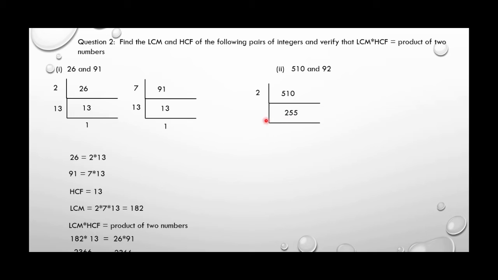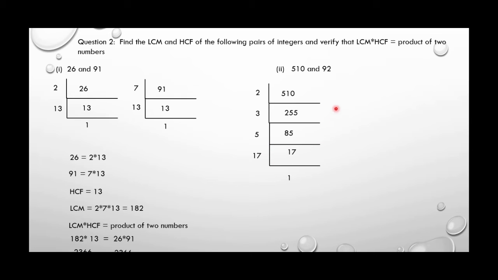Now the least number which is divisible by 255 is 3. When we divide 255 by 3, we get 85. Now 85 cannot be divided by 3. Therefore, the next least number which is divisible by 85 is 5. When we divide 85 by 5, we get 17, which is divisible by the number itself.